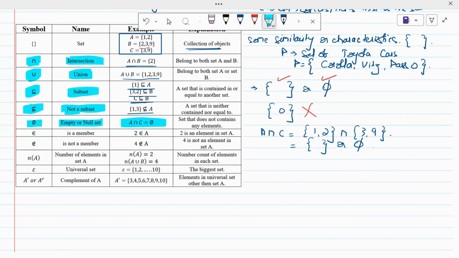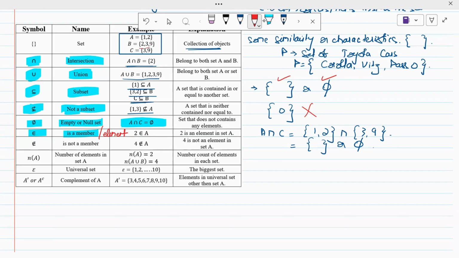Next symbol is called is a member or is an element. So you also call this as is an element. So 2 is a member.